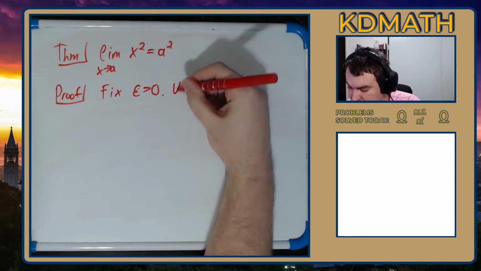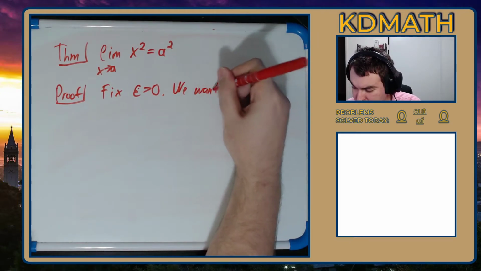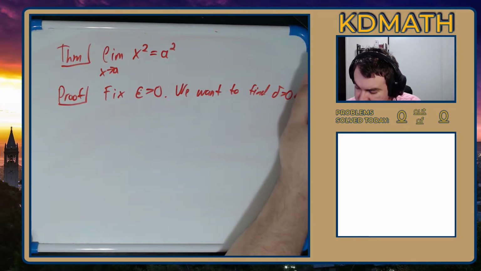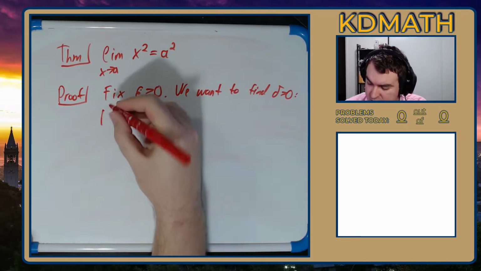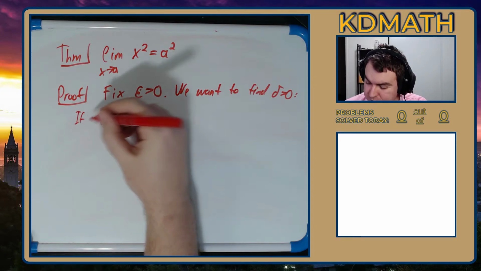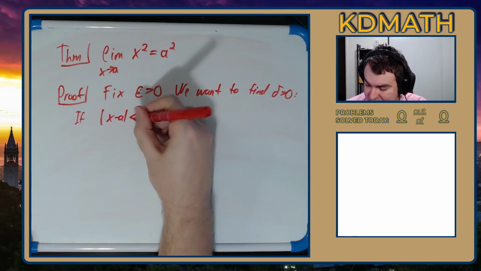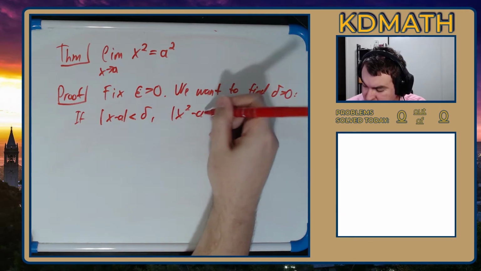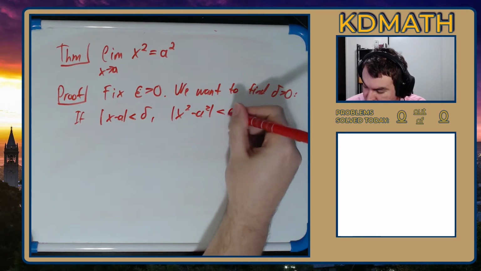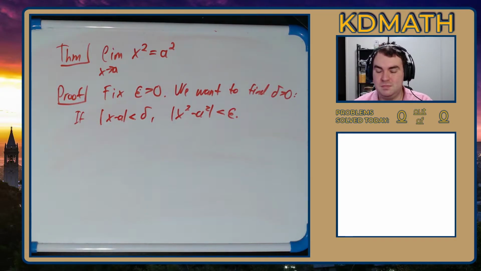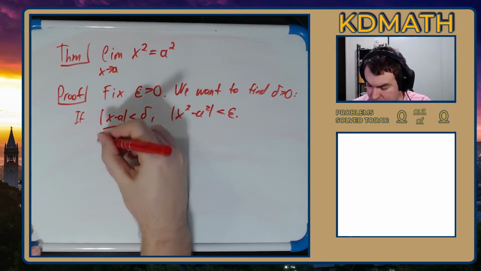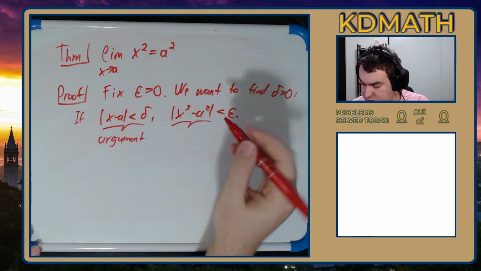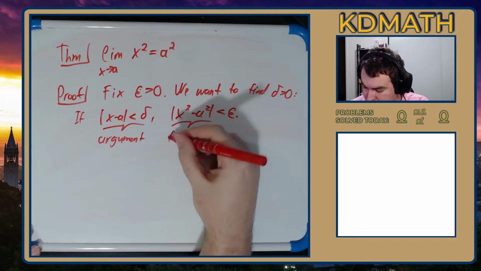And now we want to find delta greater than 0 such that if the absolute value of x minus a is less than delta, then the absolute value of x squared minus a squared is less than epsilon. Again, this is the argument part. And this, well, is the function.